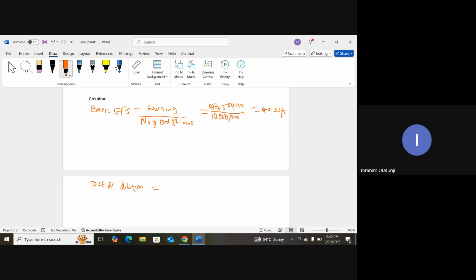I've explained this. How will you test for dilution is by way of the incremental EPS formula. So that's what you use to test for dilution.